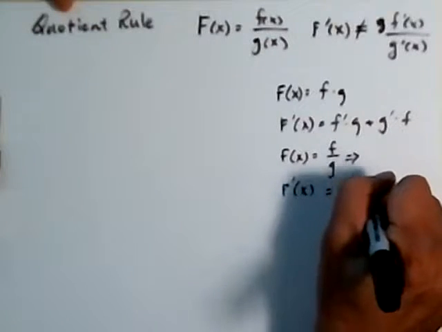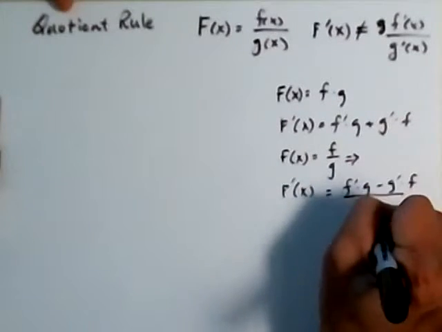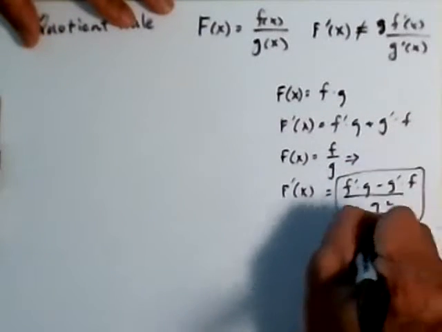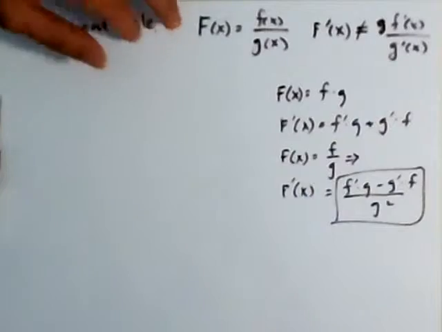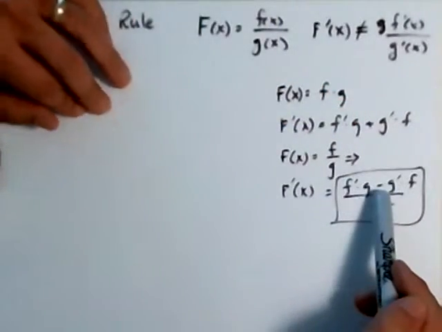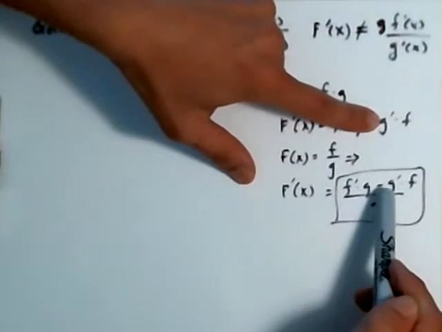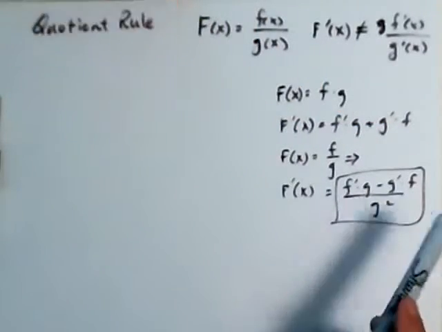It's f prime times g minus g prime times f all over g squared. That's your derivative function. Notice that it's just like the product rule, except there's a minus. F prime times g minus, instead of a plus, g prime times f all over g squared.